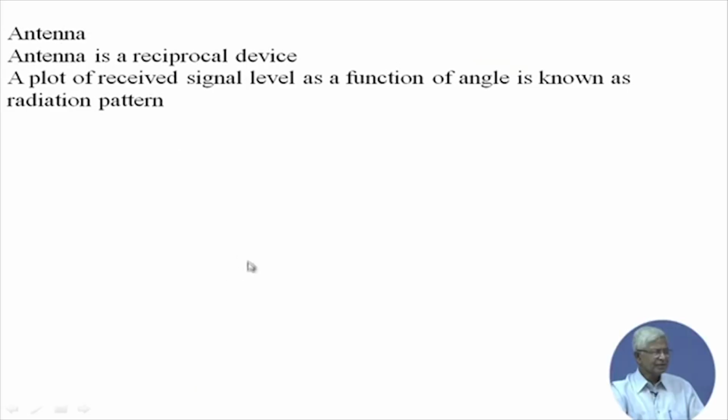Now, I will try to plot it; the antenna is directive. You can think of a coordinate system, the r theta phi coordinate system. The received signal level as a function of the angle theta is known as the radiation pattern, or transmit signal level. As I said, it is a reciprocal device, so transmit or receive signal level.